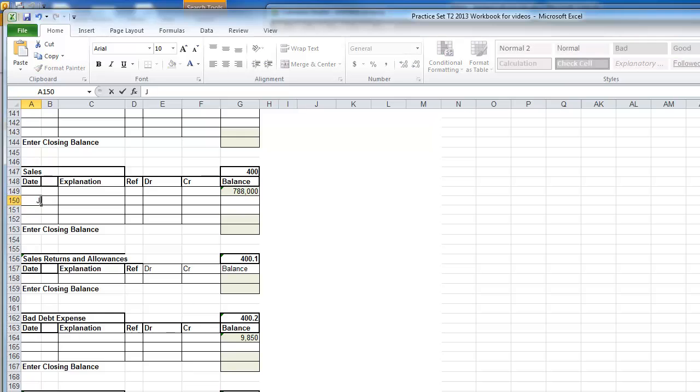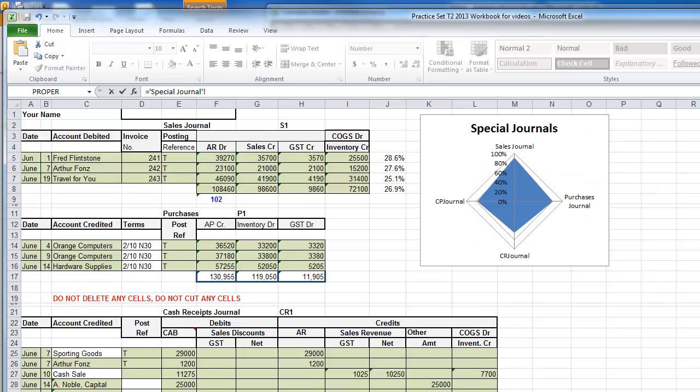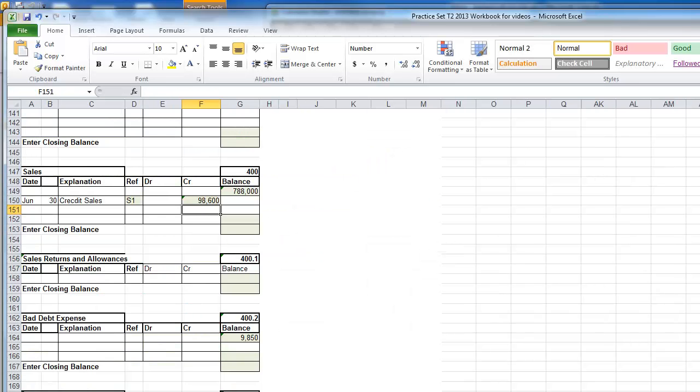I think June 30. Credit sales, S1. Now this is going to be a credit. The normal balance of revenue is a credit, 98,600.